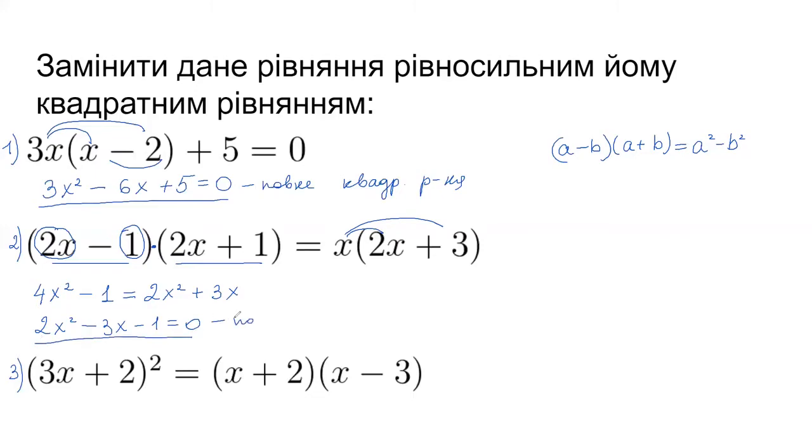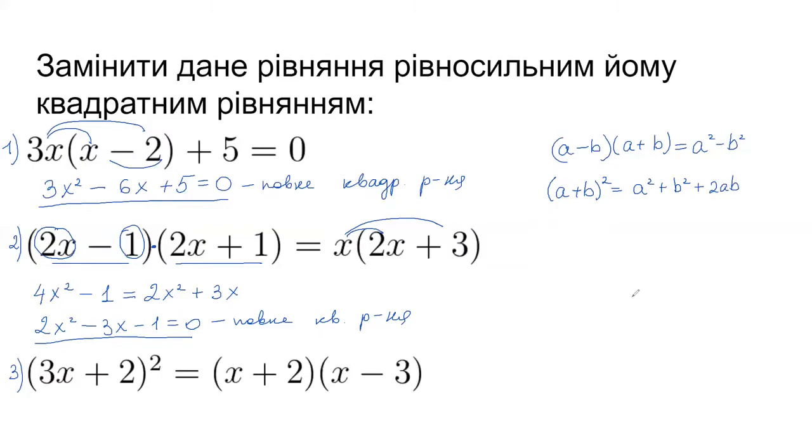Yeah, again we have a complete quadratic equation. We have all three coefficients a, b, and c. And the last one, the last equation: (3x + 2) to the second power equals (x + 2)(x - 3). Again, we have a special product formula. (a + b) squared equals a squared plus 2ab plus b squared.